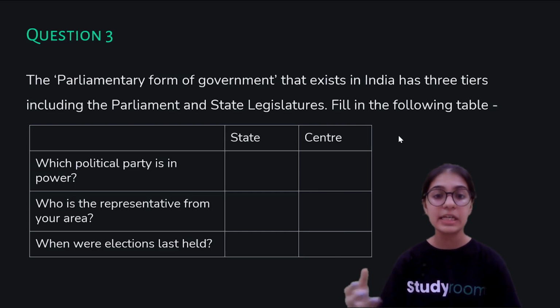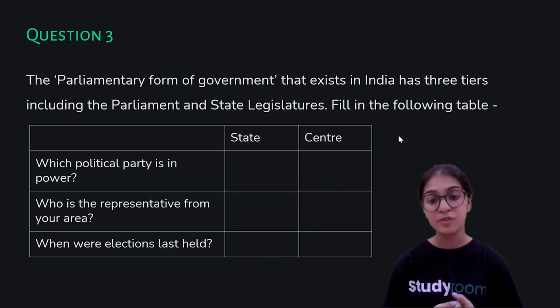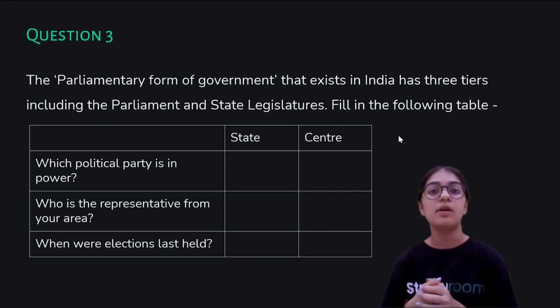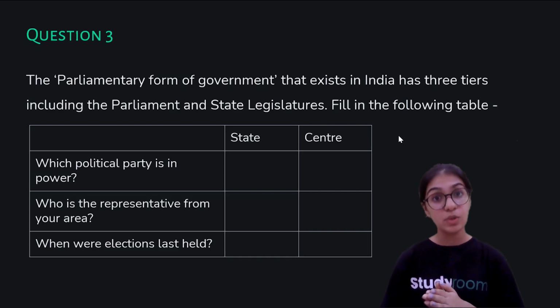So it's quite clear that the member of parliament from my area belongs to the Bharatiya Janata Party. It could be different in your case, as you live in a different area, so the constituency of that area will give you the answer about who is your MLA and who is your MP. Just ask your parents or Google it, and you'll get to know the MLA and MP of your area.